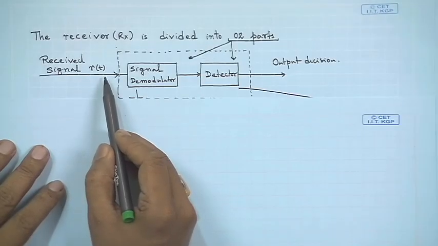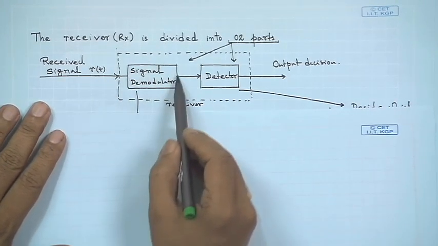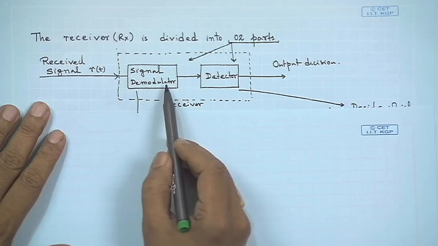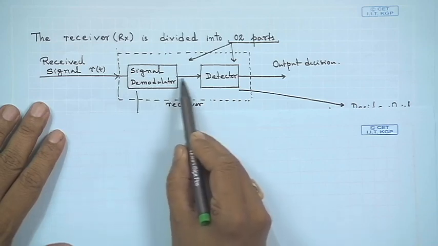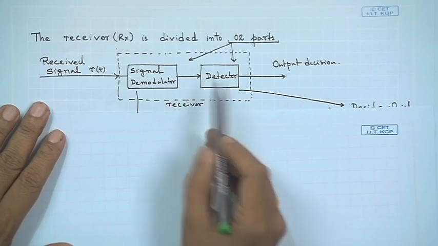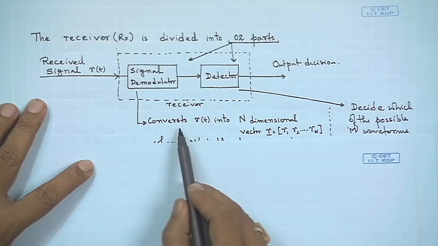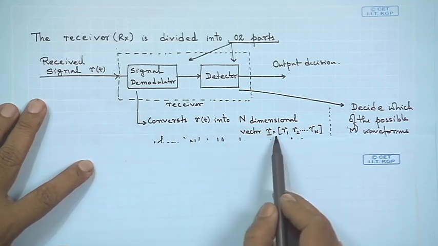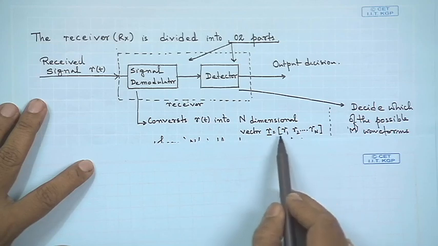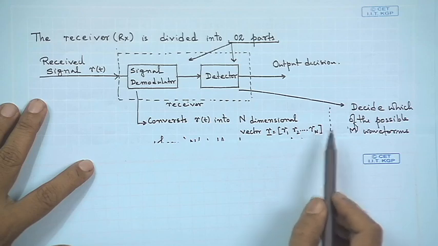So, the received signal r(t) comes in and goes through the signal demodulator, and then it sends the output to the detector. The job of the demodulator is to convert the received signal r(t) into the n dimensional vector r composed of r1, r2 up to rn components.